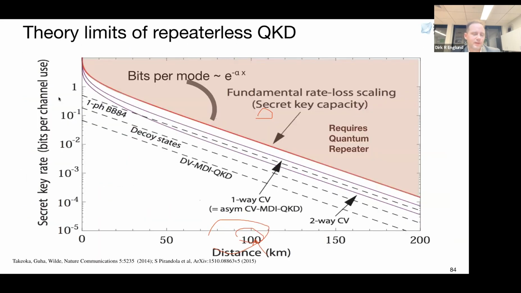So that's the cutoff between so-called repeaterless and repeater-based quantum secure communication, shown here. This shows the distance converted to loss by 0.2 dB per kilometer, roughly, versus the secret key rate that you can obtain by various methods. For example, the single photon BB84 scheme, assuming that you have a perfect single photon, is actually not bad.